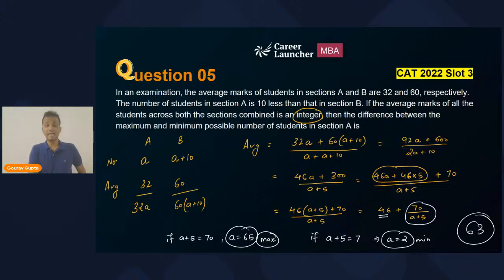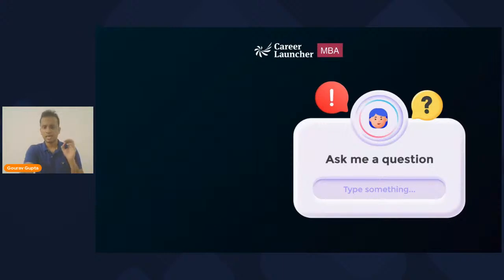Okay, so friends, that is all from my side for the day. Now, I will call the day. I'll end this session with a promise that in my next session, which I believe is tomorrow, I'll be discussing some more questions on averages, mixtures, and alligations.